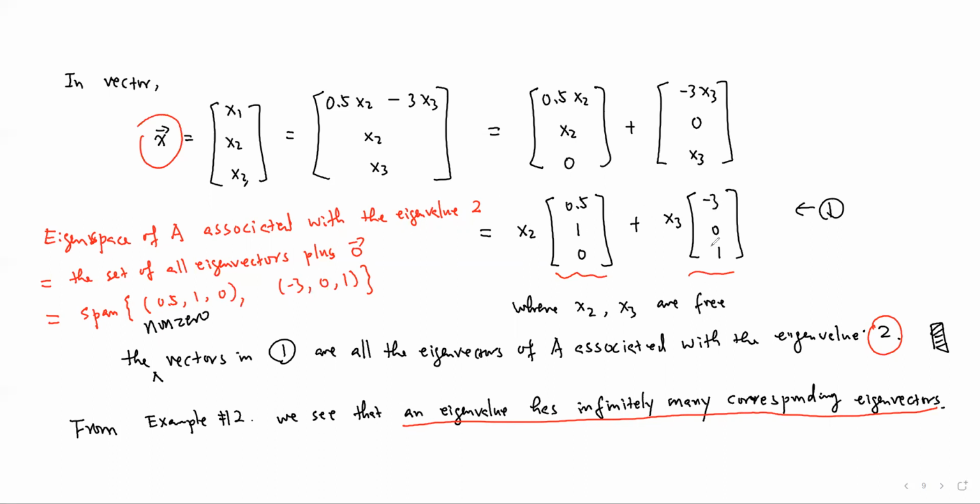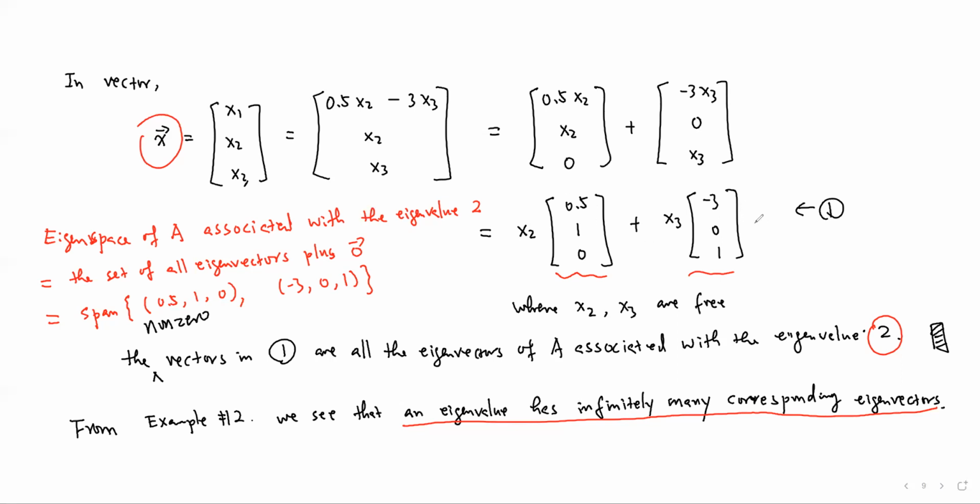This spanning set is the smallest spanning set because these two vectors are easily seen to be linearly independent. If one vector depends on the other vector, we can drop it from the spanning set. But now we cannot because these two vectors are linearly independent.